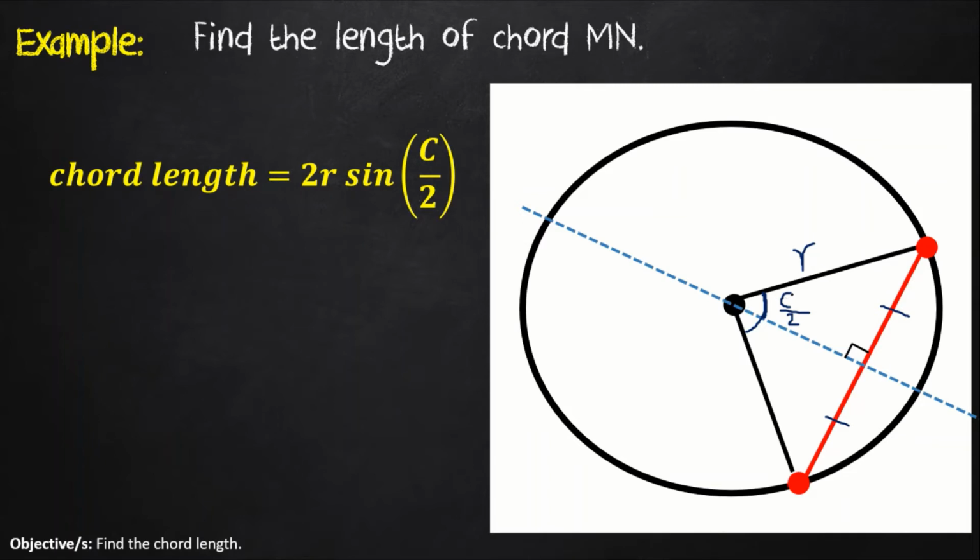So, we have sine C over 2 is equal to opposite, itong kalahati ng chord length, over the hypotenuse, so over r. So, solving for the chord length, we have r times sine C over 2. And since ito ay equal dito, so, times 2 lang natin to get the total length of this chord. So, doon galing yung 2r sine C over 2.